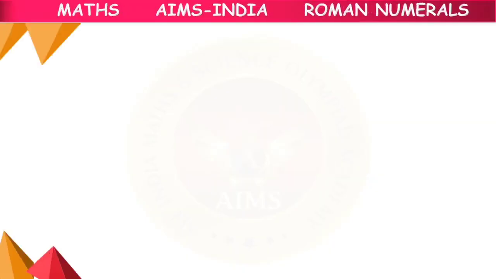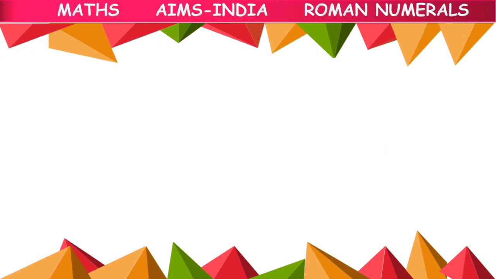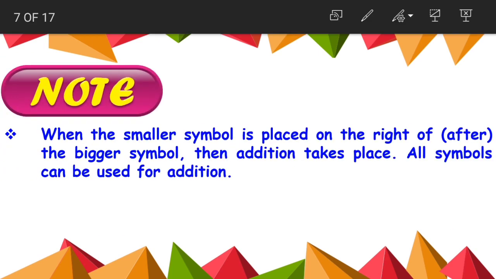This was rule number 3, which tells us which numerals can be subtracted from what numerals. Note, when the smaller symbol is placed on the right of the bigger symbol, then addition takes place. All symbols can be used for addition.